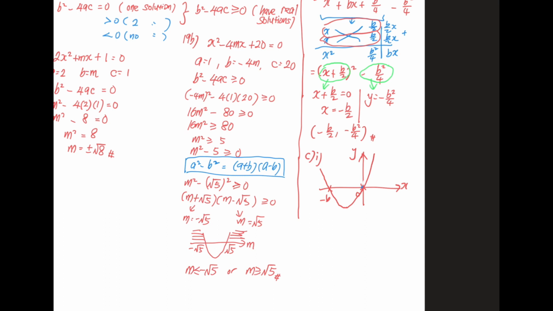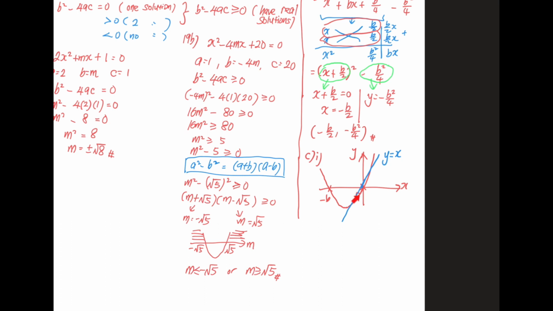Now my straight line is going to be like this. This is y equal to x. So we want to find the intersection point between the two graphs here, the red graph, which is the parabola, and the blue graph, which is the straight line.